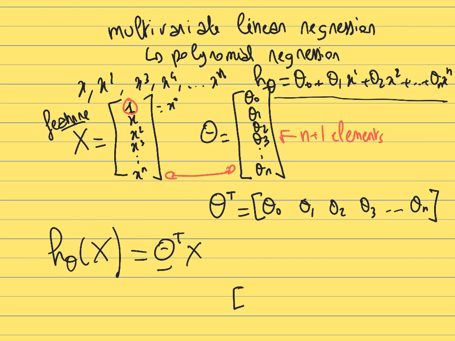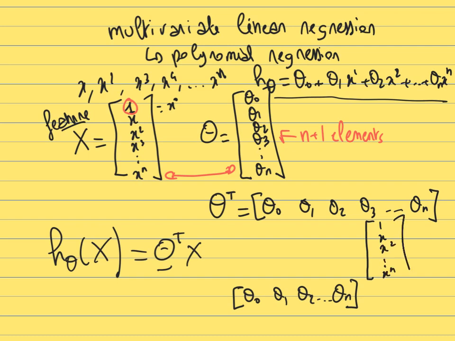The transpose of theta is theta naught, theta 1, theta 2, etc., up to theta n. Then you are doing a product of this with the vector x, whose first component is 1, then x, x2, etc.